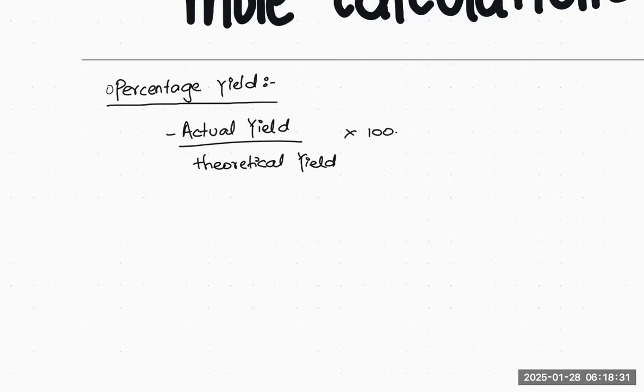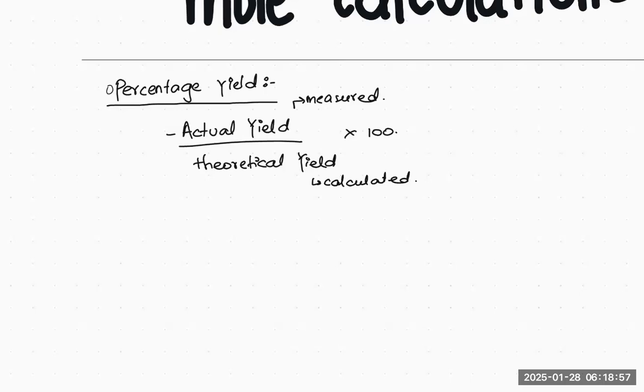So actual yield is the yield that we had measured, the amount of product that we have gotten after the experiment has been completed. This is the amount of product we ultimately got. Theoretical yield is a calculated yield: before we did the experiment, this is the amount of product we thought we would get. And actual yield is the product we actually ended up with.